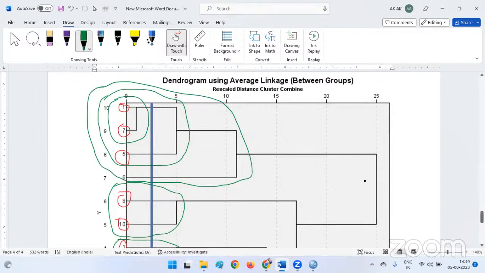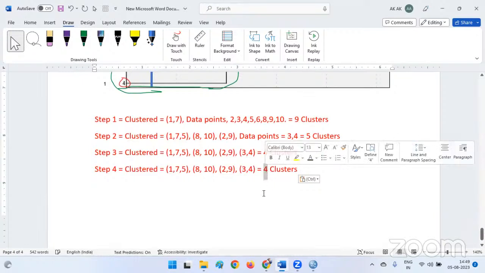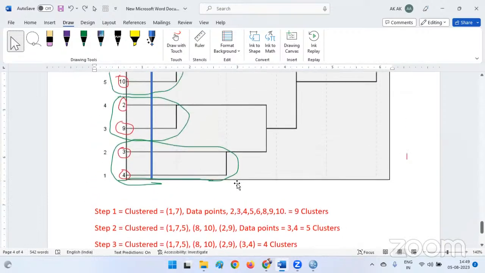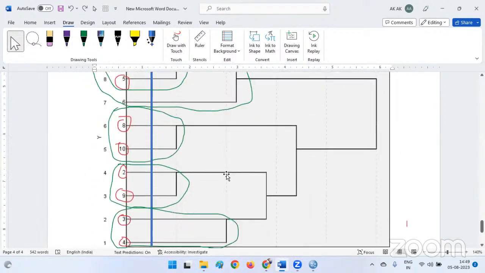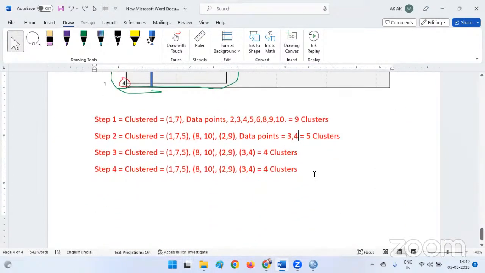Okay. So how will we write it? We just copy it, and here the clusters will remain the same. 6 was earlier not there in any cluster, right? So this was a bit of a mistake. 3, 4, and 6.